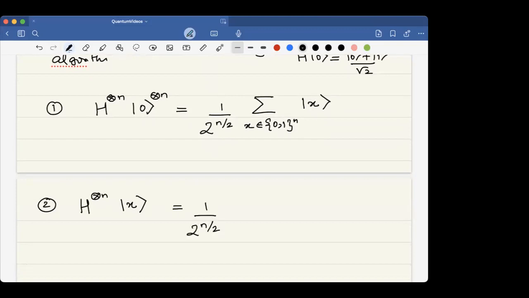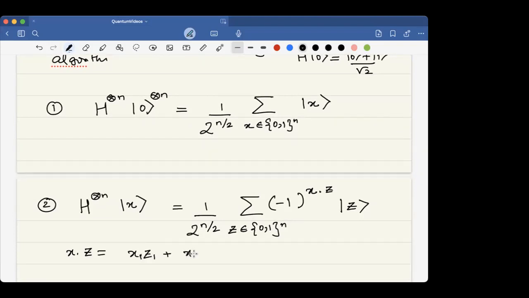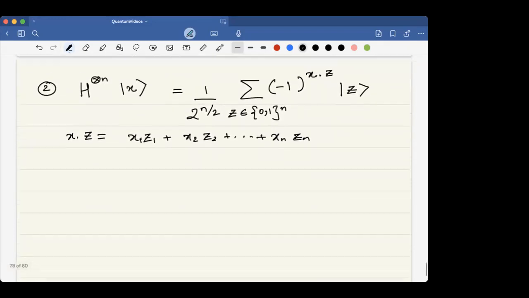The negative signs are determined in the following way: summation over z belonging to 0, 1 to the power n of minus 1 to the x dot z, z, where x dot z is the inner product, x1 z1 plus x2 z2 plus up to xn zn. So these are the two facts that we need to know. Both of these are an exercise to show. All right.